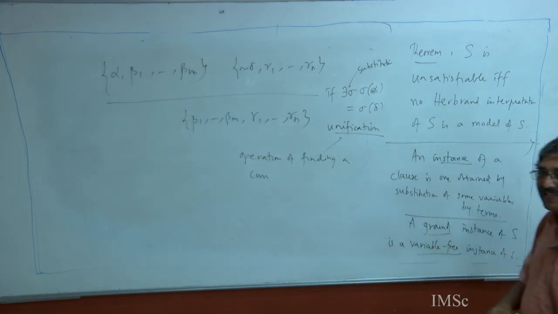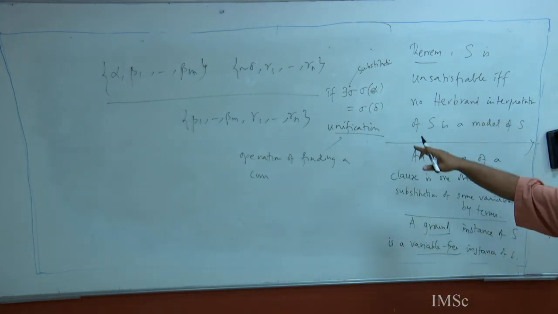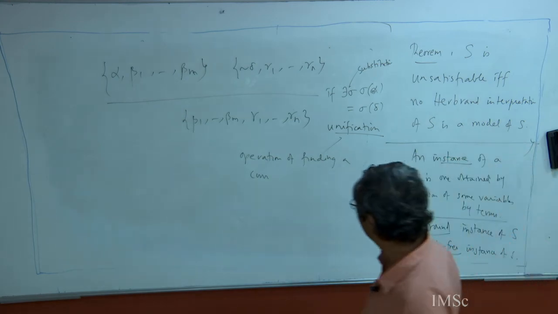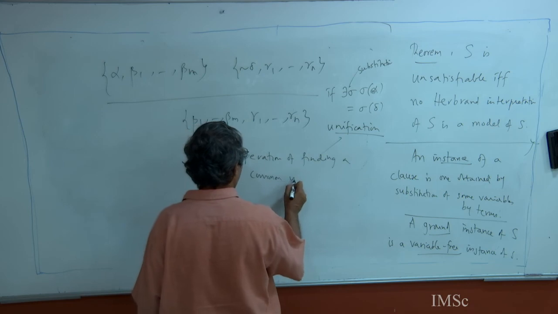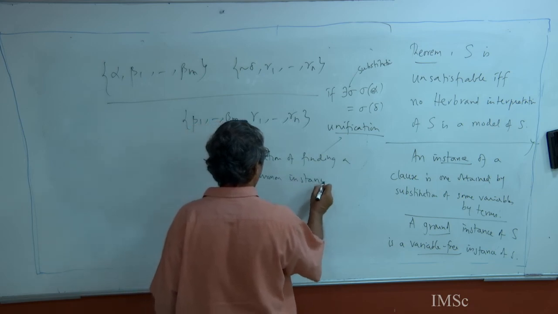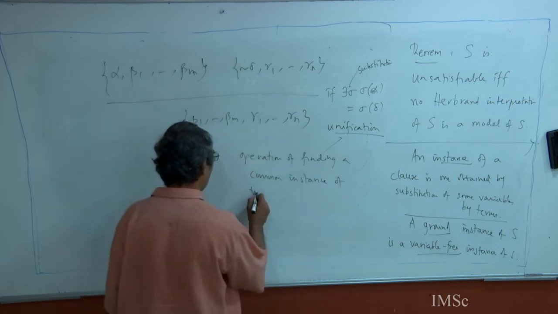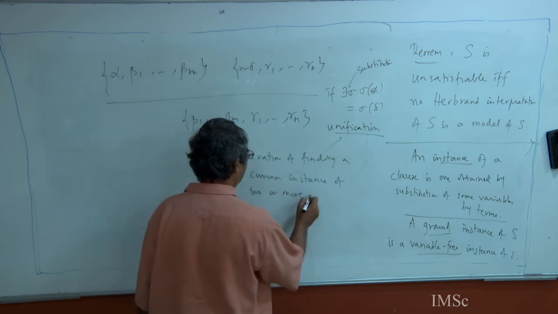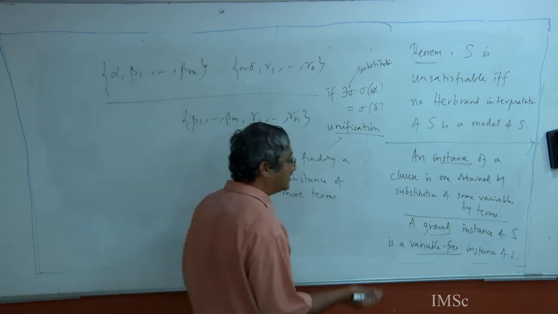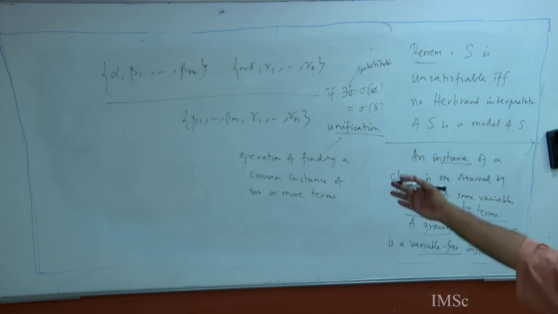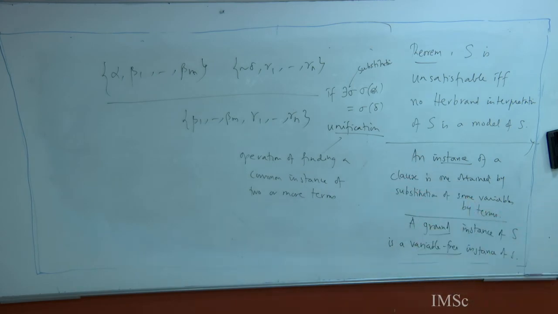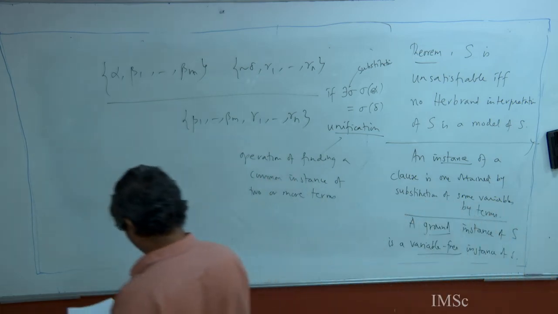Yeah. Under the substitution, they both give the same formula. That's what I want to say. So, finding a common instance of two or more terms. It's the terms that need to be unified, right? Like I had A and B here, these were the terms, but in general you're going to have some complicated terms. So let's just see these.